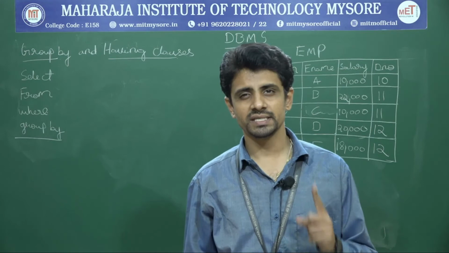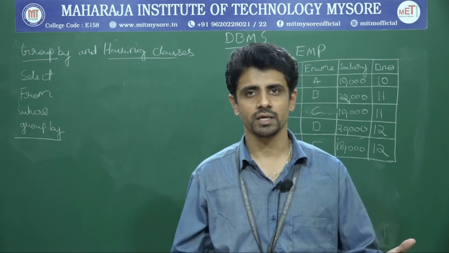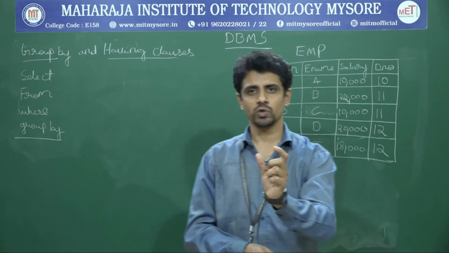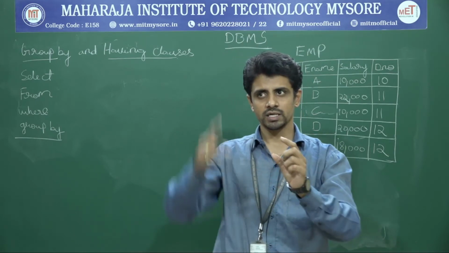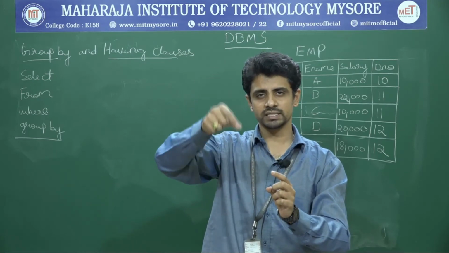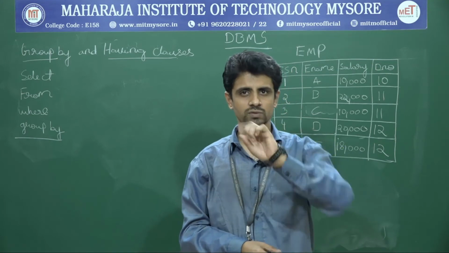That relation might be a single relation or a relation which we got through the joining of tables. It might be anything. The only thing is you need to specify the name of the attribute you are applying the group condition on. So when you say group by for an attribute name, the values present inside will be grouped into common values. The common values will be created as one group.